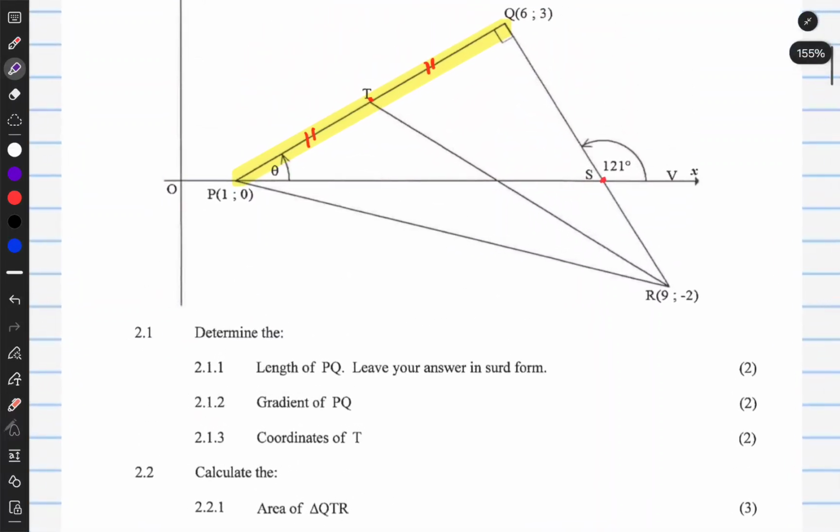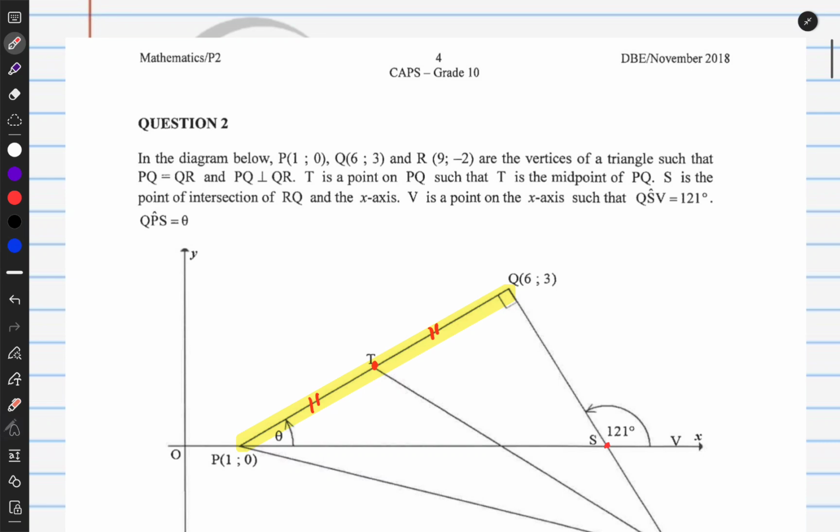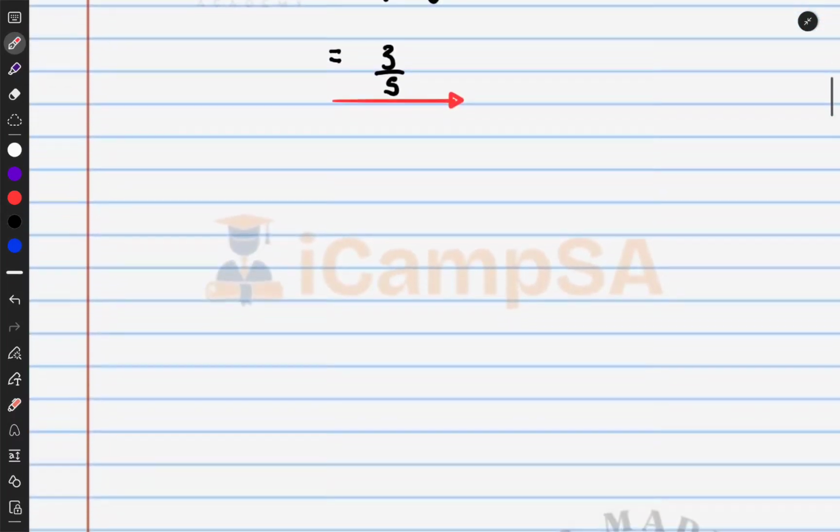For 2.1.3, we are asked to calculate the coordinates of T. And remember that we were told that T is the midpoint of PQ, so we can use the midpoint formula in order to calculate the coordinates of T. For those who don't remember, this is the midpoint formula.